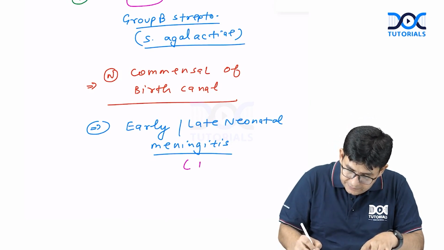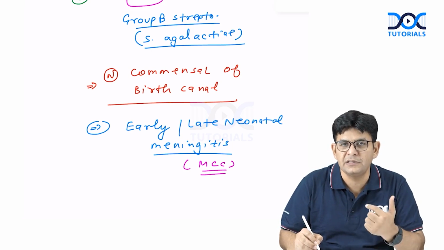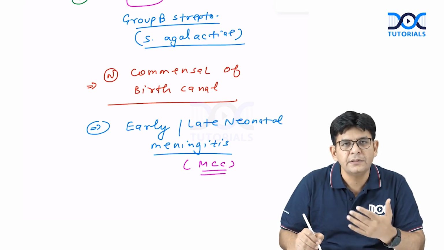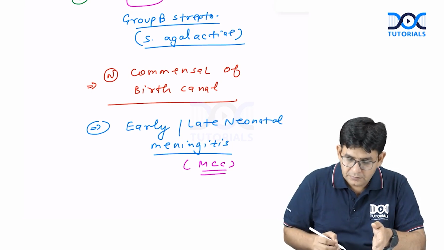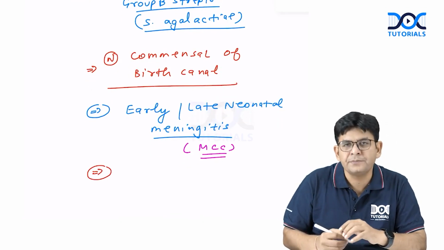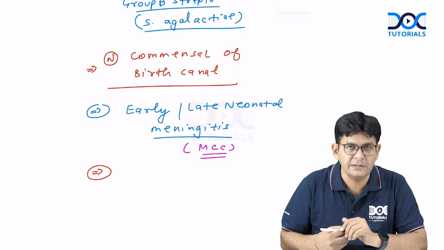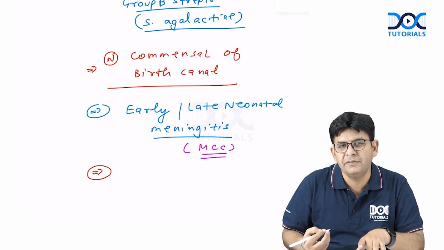In fact, if somebody asks you the most common cause of neonatal meningitis in the world, the answer is Streptococcus agalactiae. So that you need to remember first of all. Besides that, GBS, group B strepto, can also cause certain other infections.